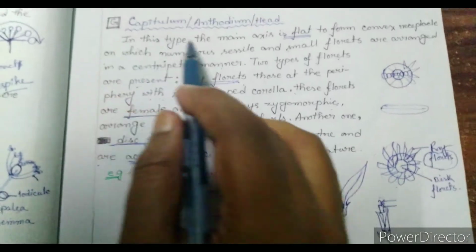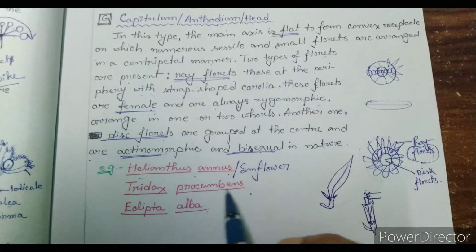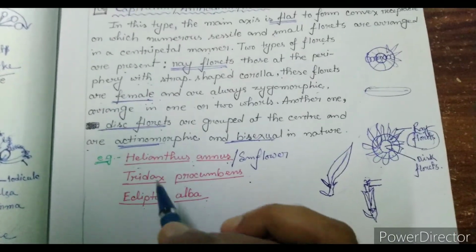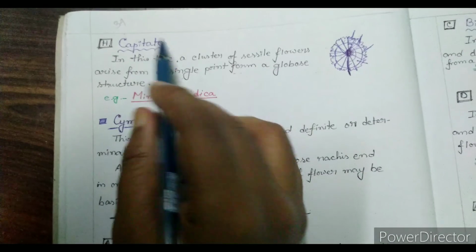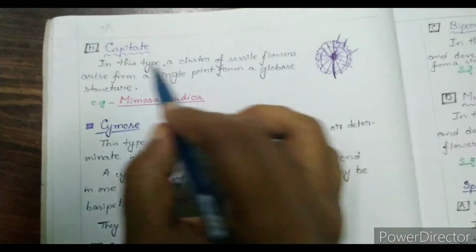This type of capitulum inflorescence is present in Helianthus annuus, Tridax procumbens, or Eclipta alba. These are the examples, and this is how the capitulum inflorescence looks.